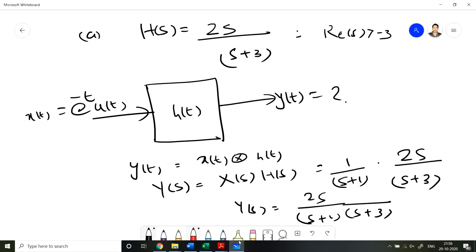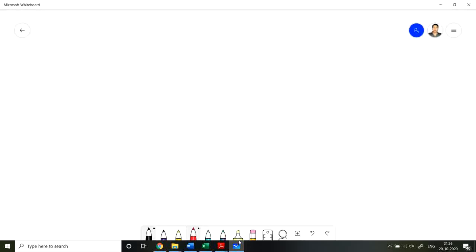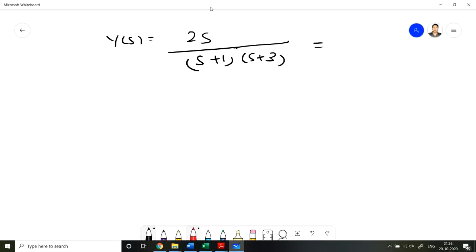So how to perform the partial fraction analysis? I already told you. We have Ys equals 2s divided by (s plus 1)(s plus 3), and that equals A divided by s plus 1 plus B divided by s plus 3.